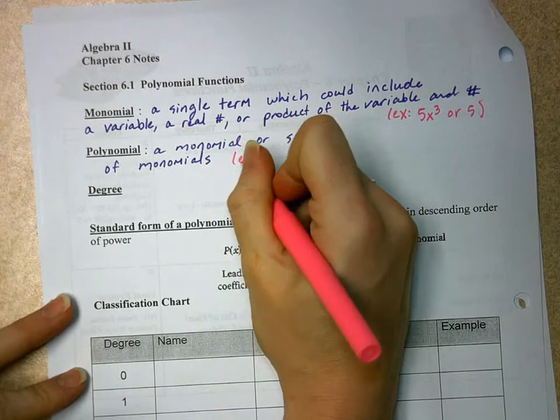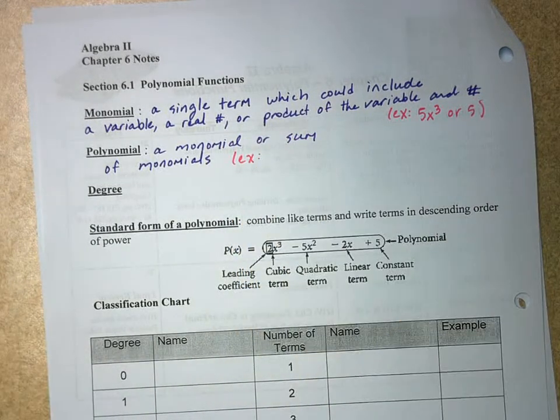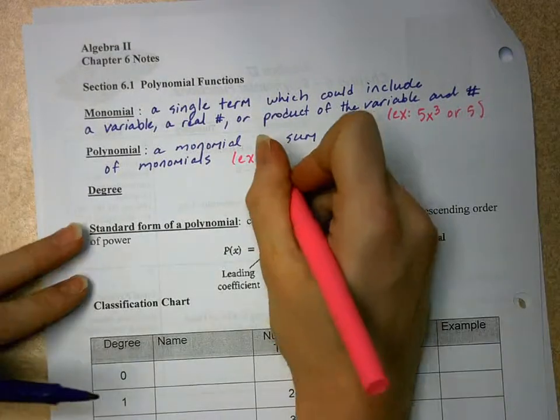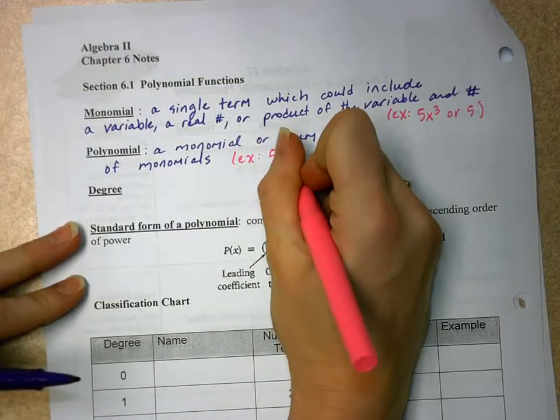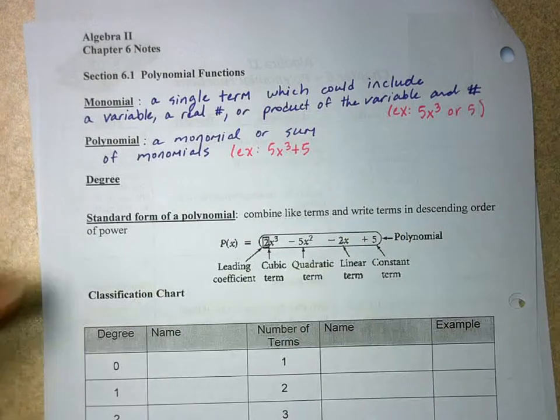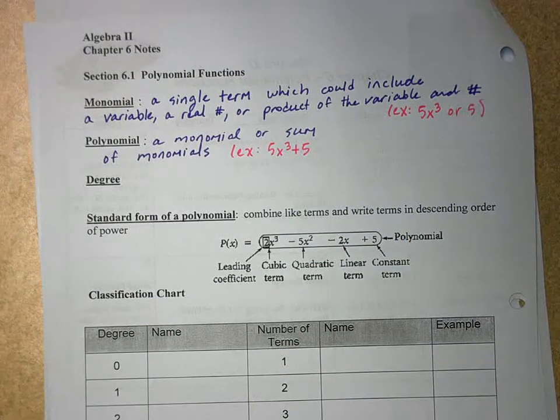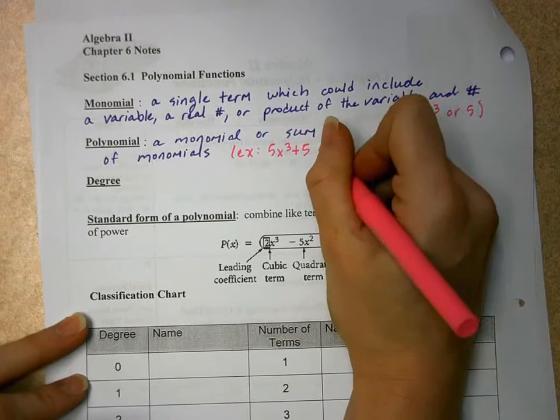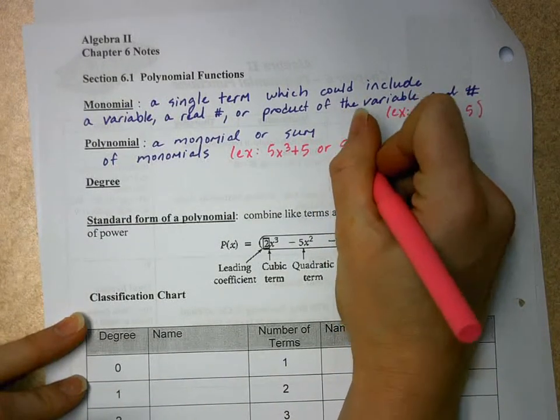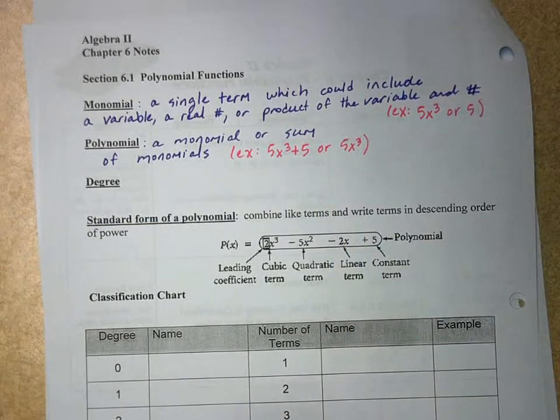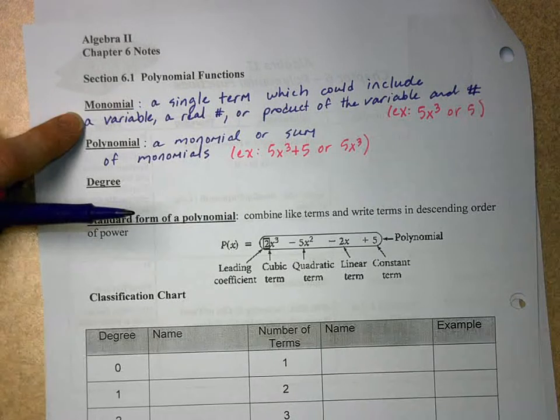So example, something of a polynomial would be 5x cubed plus 5. That's a type of polynomial. That's actually a binomial. Or, again, it could just be 5x cubed. 5x cubed is a polynomial. It's the special type of polynomial called the monomial.